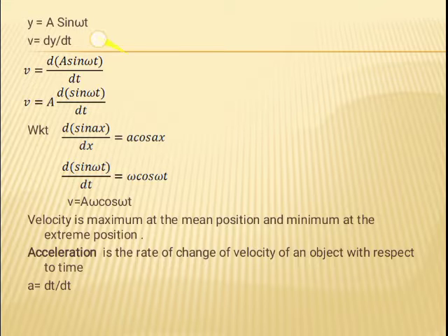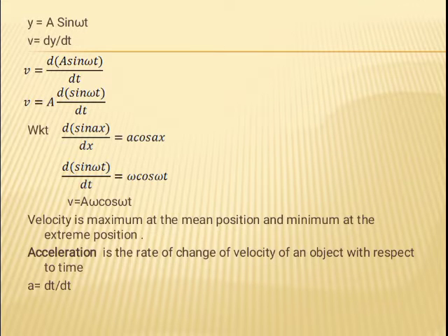Now what is velocity? The rate of change of the displacement with respect to time. In differentiation form I can write dy by dt, because it is the rate of change of y, which is the displacement, divided by dt. So y is your displacement.